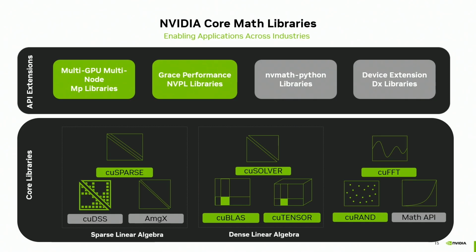All of the libraries and extensions that you see here in green are included by default in the NVIDIA HPC SDK. And the others are available to you as a standalone download that you can access through DevZone, PyPI, Conda-Forge, wherever you prefer downloading your libraries. So let's quickly chat about some of these HPC libraries in our SDK and their latest updates and improvements that you can access today.